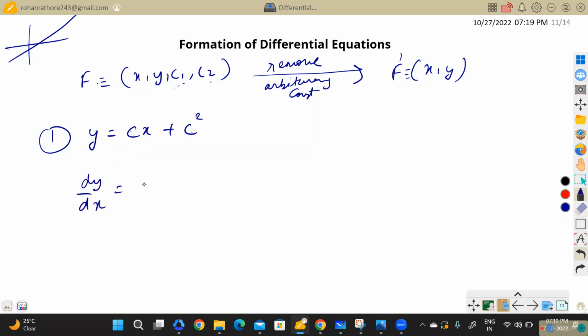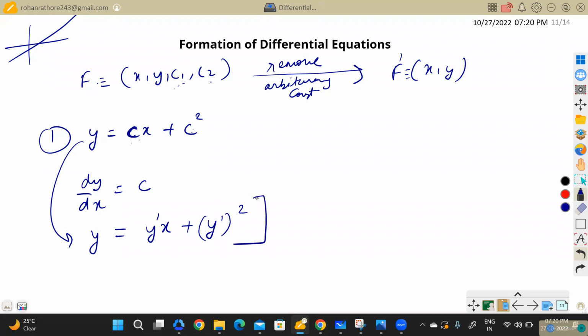We get dy by dx as c, only c, right? So wherever we see c written here, we can just substitute dy by dx. Substituting the value of dy by dx in the curve, we get y as y dash x plus y dash square, right? Now we see that the c is not present here. So this is the required differential equation that represents this family of curves.